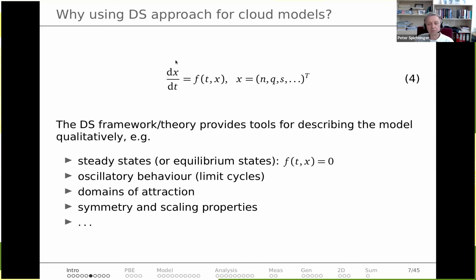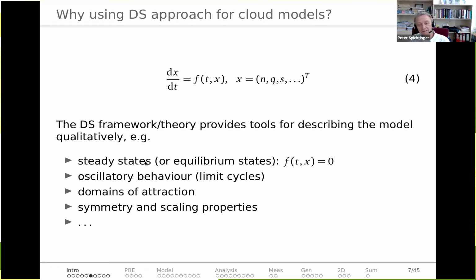This is where you end up more or less. You have a time derivative, which is balanced by a vector field, and you have variables such as the number concentration, the mass concentration, the supersaturation, whatever you like. This dynamical systems framework provides tools for describing a model qualitatively. For instance, you can think about steady states or equilibrium states, where the right-hand side is equal to 0.